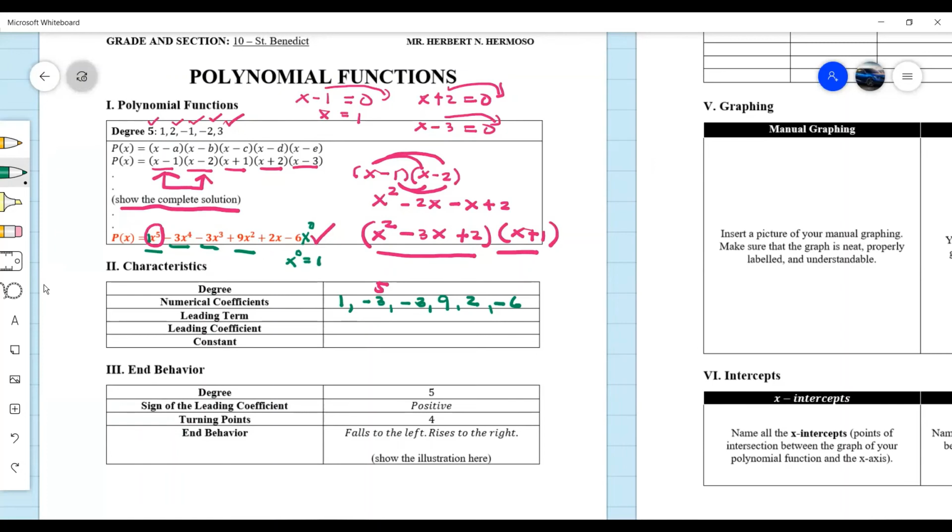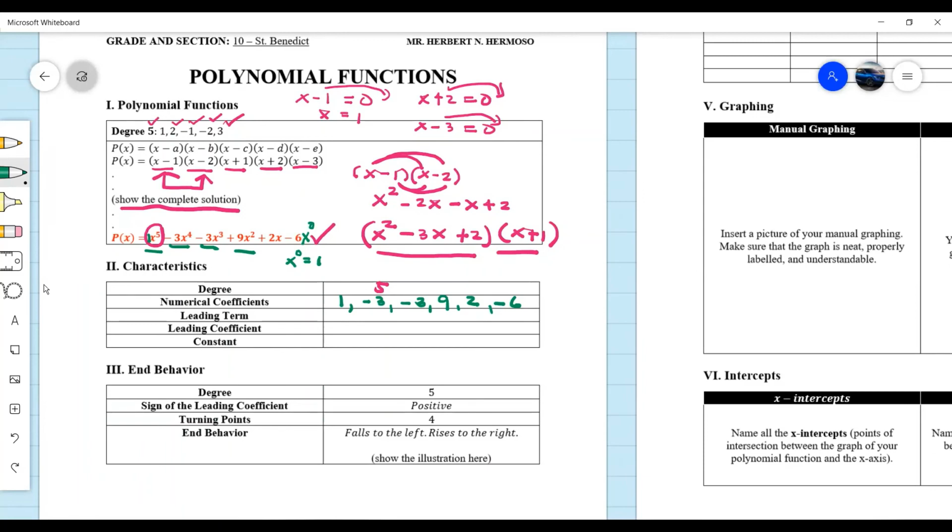Take note of that in the law of exponents: any number raised to 0, the answer is 1. So if you multiply 1 times -6, it is still -6. So there is a variable beside -6, and that's why -6 is considered a numerical coefficient.